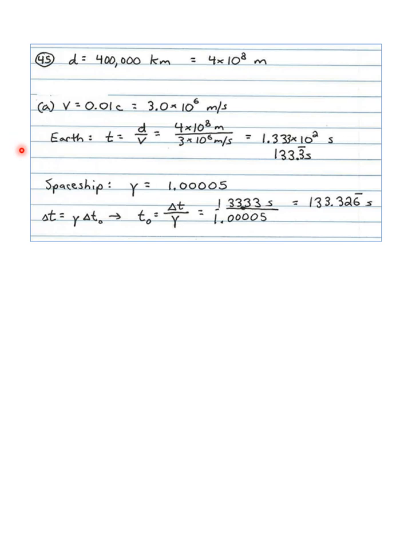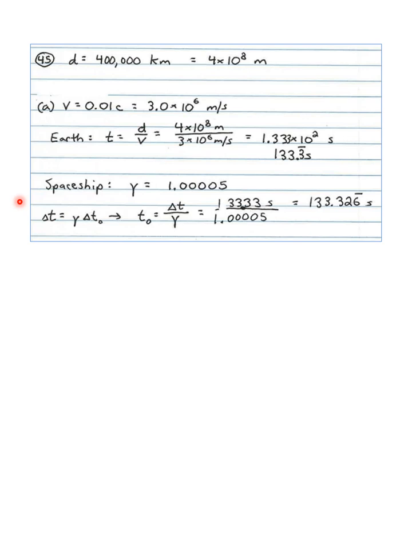From Earth's point of view, the time is simply distance over velocity, because in Earth's reference frame, it's going that distance, 4 times 10 to the 8th meters, and it's going at the speed of 3 times 10 to the 6 meters per second, and so we get 133.3 repeating seconds. For the spaceship, there's a gamma correction factor of 1.00005.